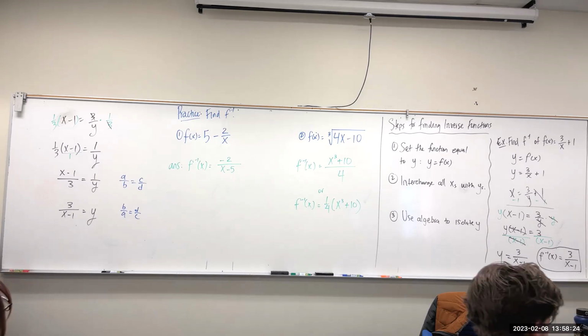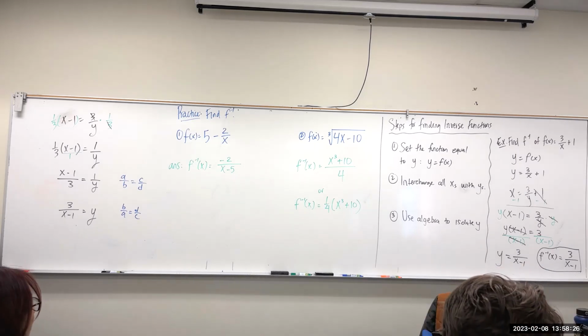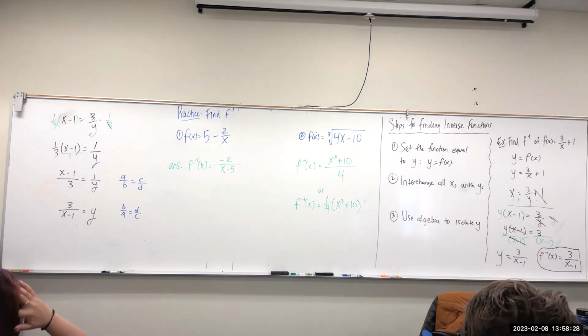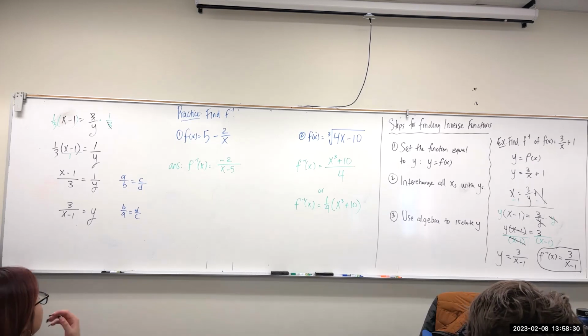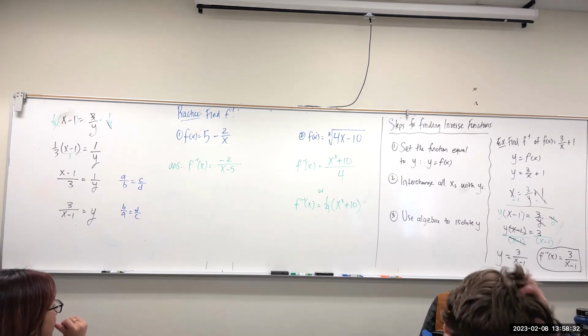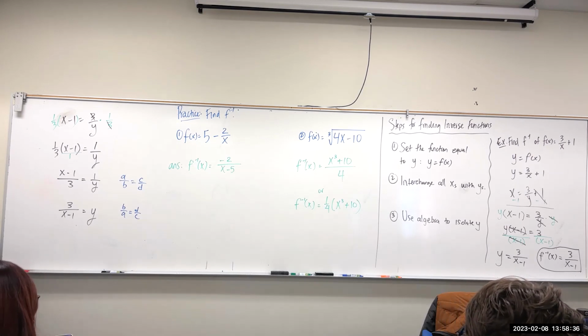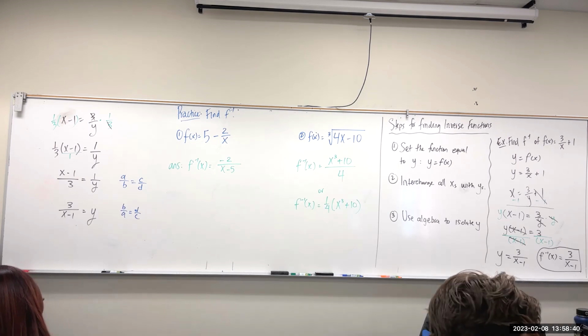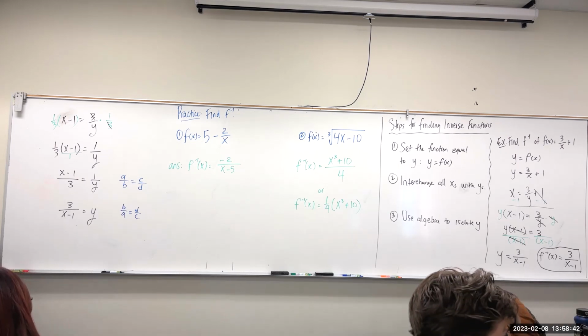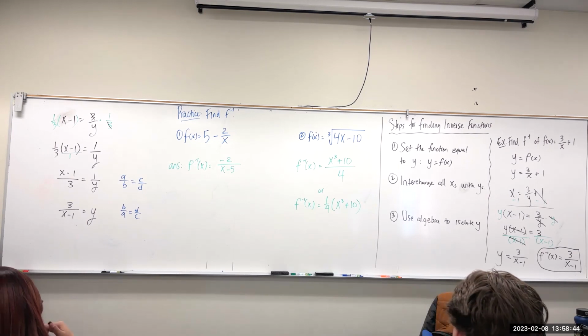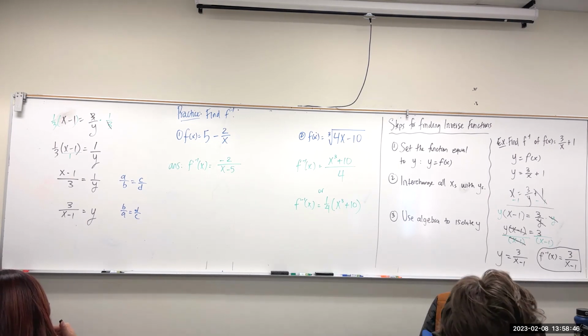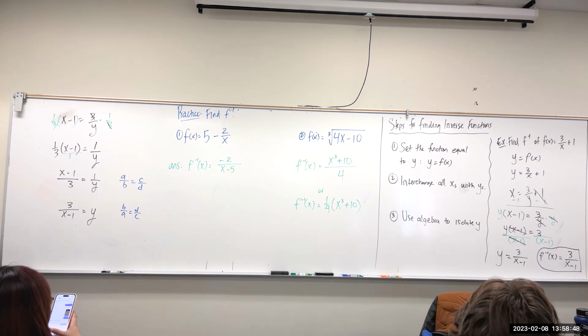Okay. So now, you know when you have a square, what would you do if you had that? How would you undo this? You're not sure. So to undo a square root, you square.